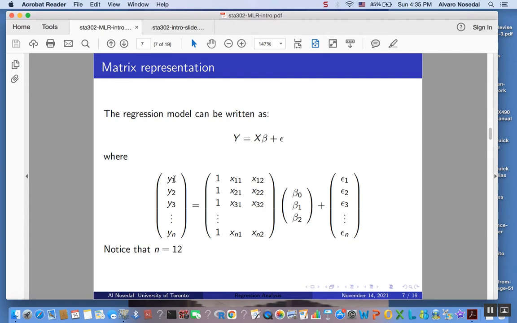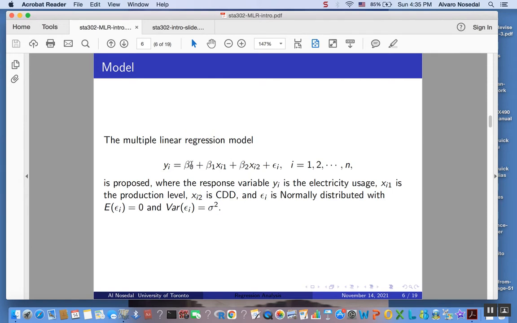Remember that we have data for a year, so we have 12 observations here, and the model that we had here. This would be the same as just 1 times beta 0, plus x_i1 times beta 1, where we have the ith here because it's the ith observation, and it would be the ith value of that column.